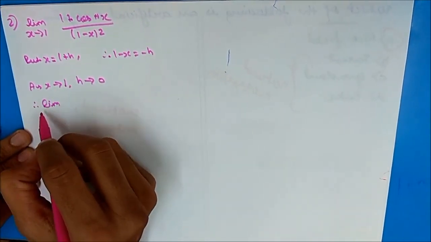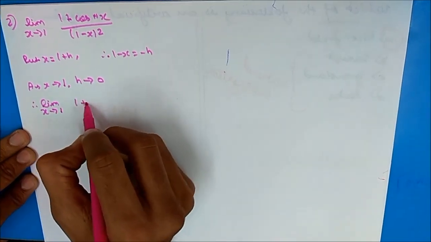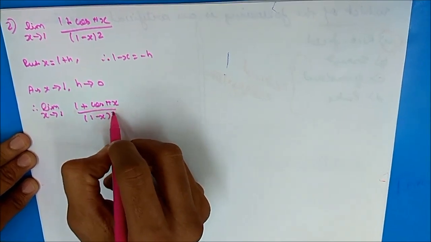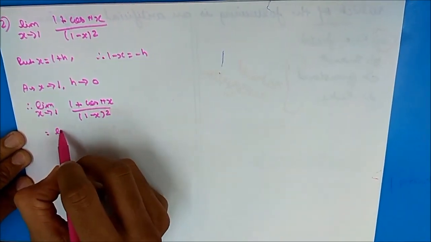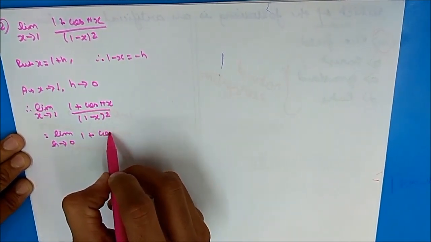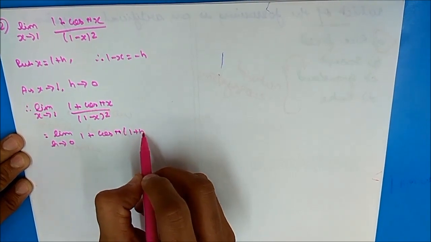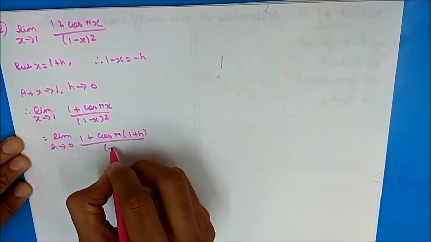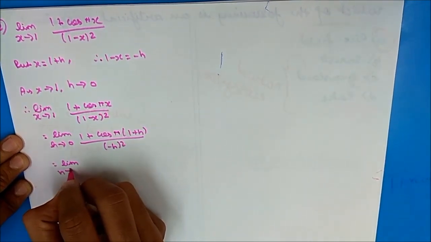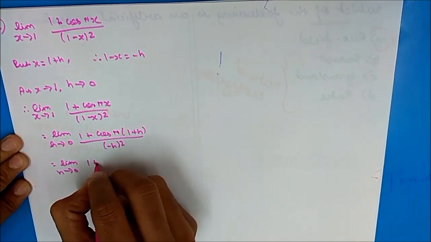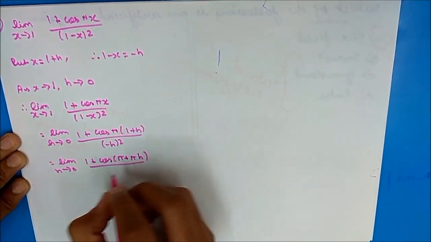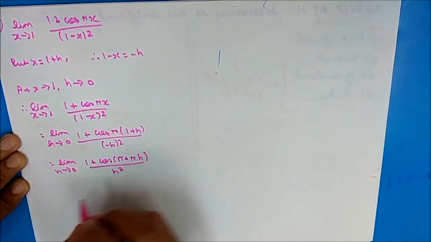Therefore the limit is limit h tends to 0 of 1 plus cos pi into 1 plus h upon minus h the whole square, that is limit h tends to 0 of 1 plus cos of pi plus pi h upon h square.